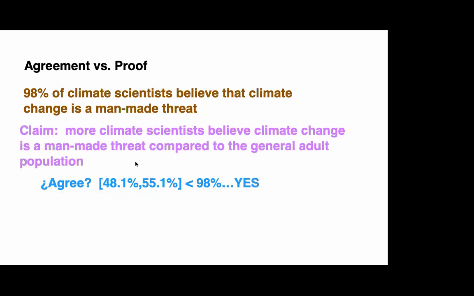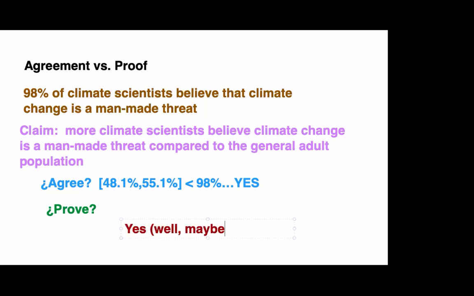Probably not. Now, the next question is, well, does it prove it? Does this prove what we're looking for? And here's where I'd say, yeah, this percentage is so clearly out of the bounds of what this reasonable estimate is. Even if we expand it a little bit, I would go as far as to say that yes, this does prove the claim that's being made.